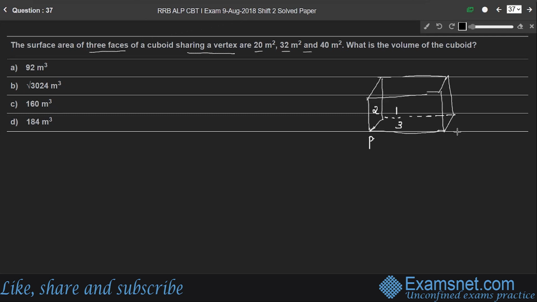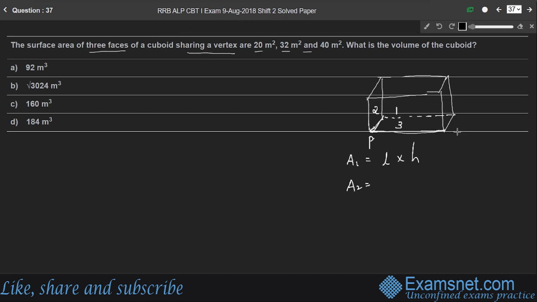So if you consider surface area A1, it is equal to length of the cuboid into height. So the first surface area is equal to length into height, whereas the second area is height into breadth.